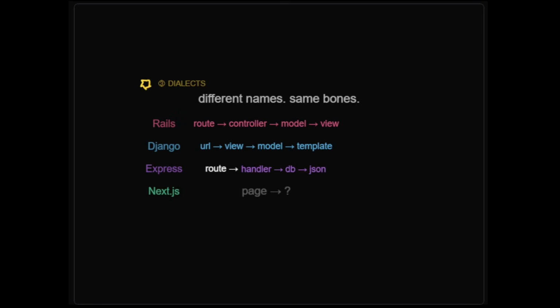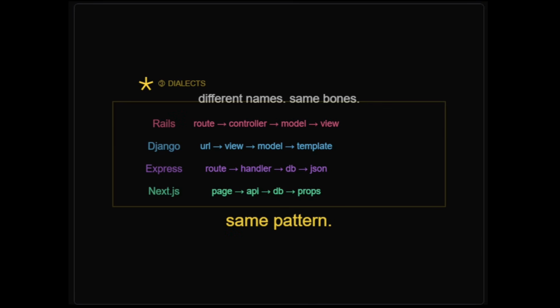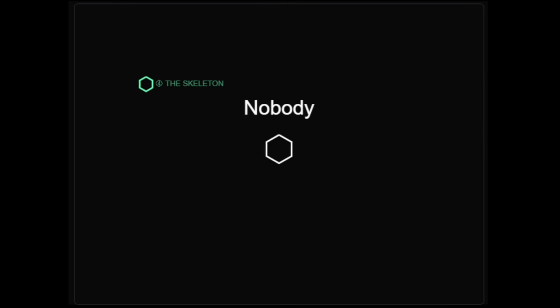It's not imposter syndrome. It's not a skill gap you can close by learning another framework. It's simpler than that. Rails, Django, Spring, Next, these are different dialects. The language underneath them is the same. Nobody ever showed you the skeleton.